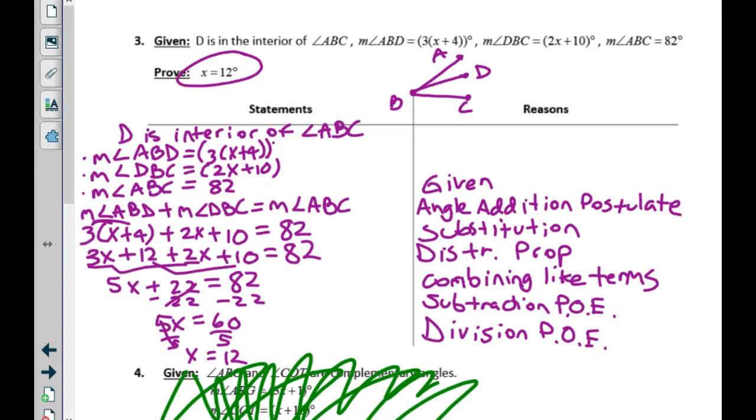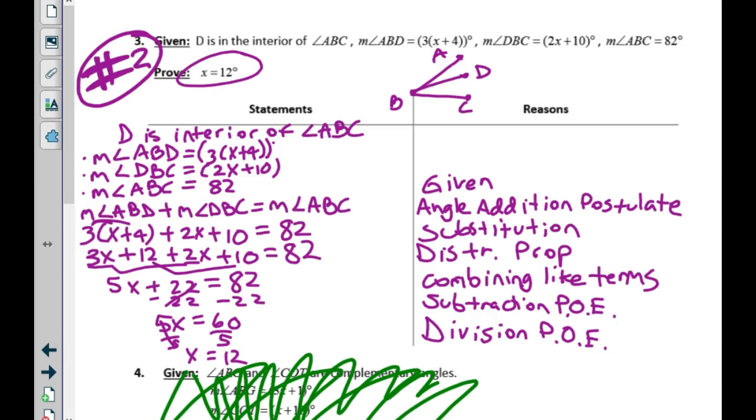Number 3 on your notes is the interior angle, and that's going to be like number 2 on your assignment. So number 3 from your notes is like number 2 on the assignment.